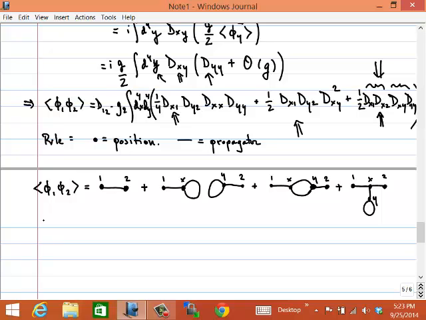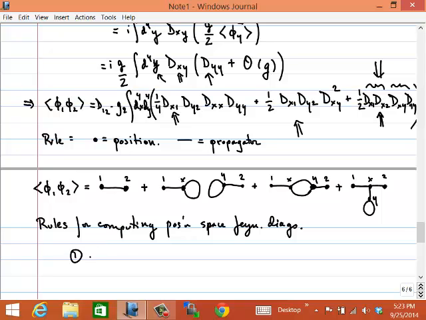And the rules for computing these position space Feynman diagrams are that you start out with a point for each external insertion, or for each external location, xi, and then you start trying to connect them by lines.